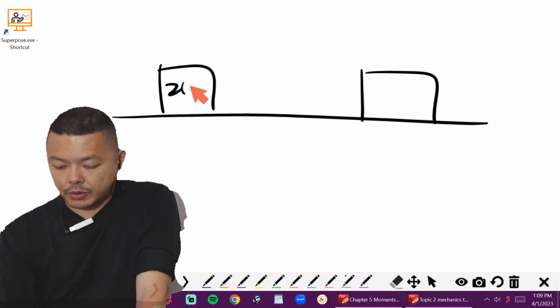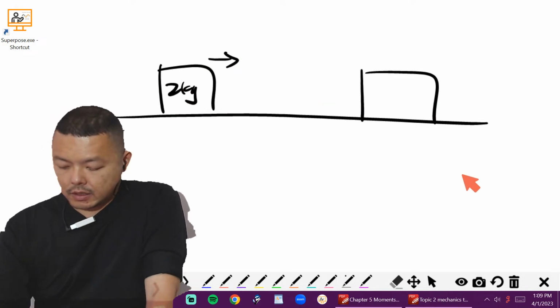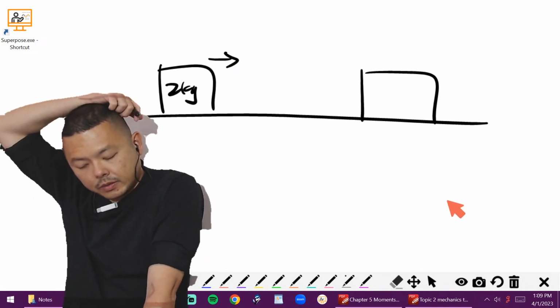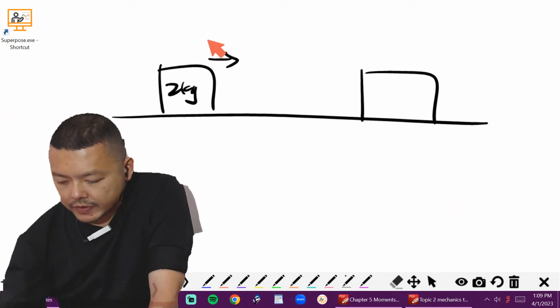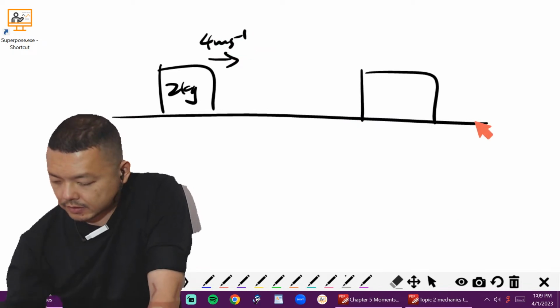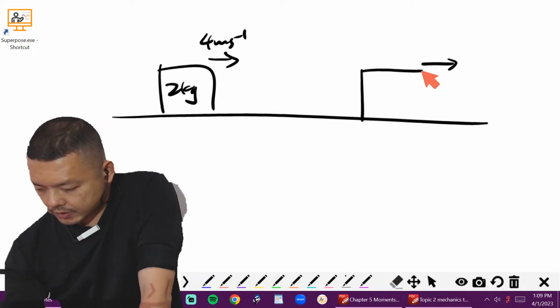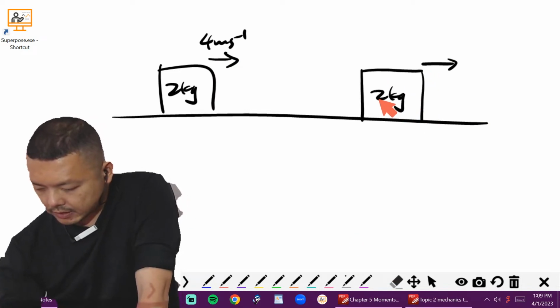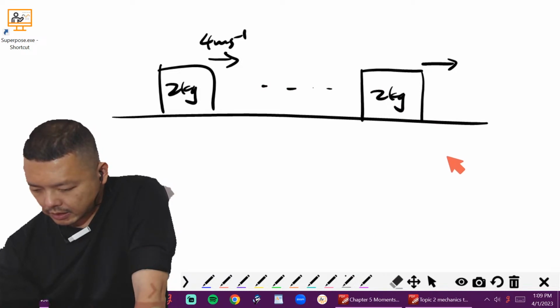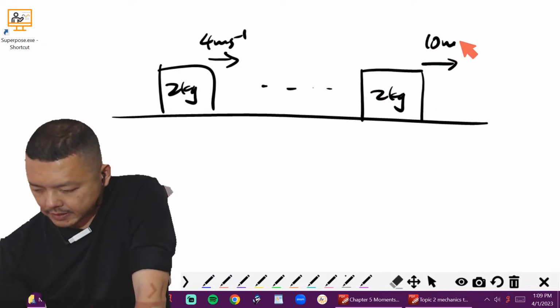I have a box, 2 kg. It was moving at a speed of 4 meters per second at first. Later on, the speed of the same box was 10 meters per second.